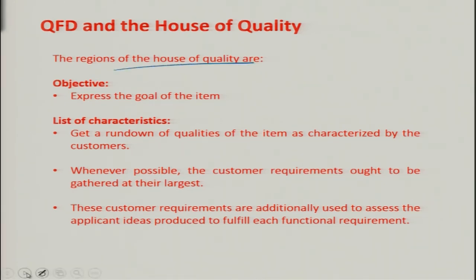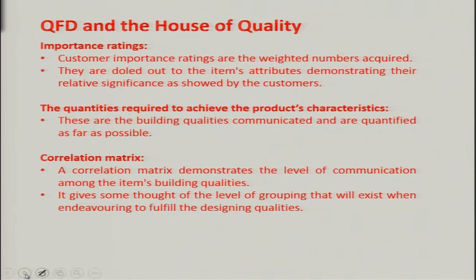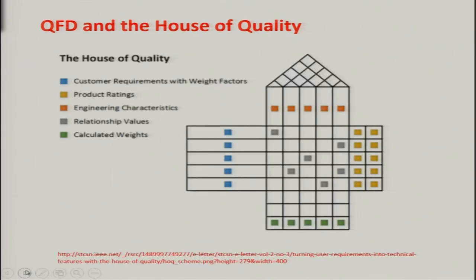Okay, let me first take the example. I think I will go in that way. The major features in the house of quality are, we have customer requirements or weight factor in this room, which can have certain subsections. We have the engineering characteristics here.